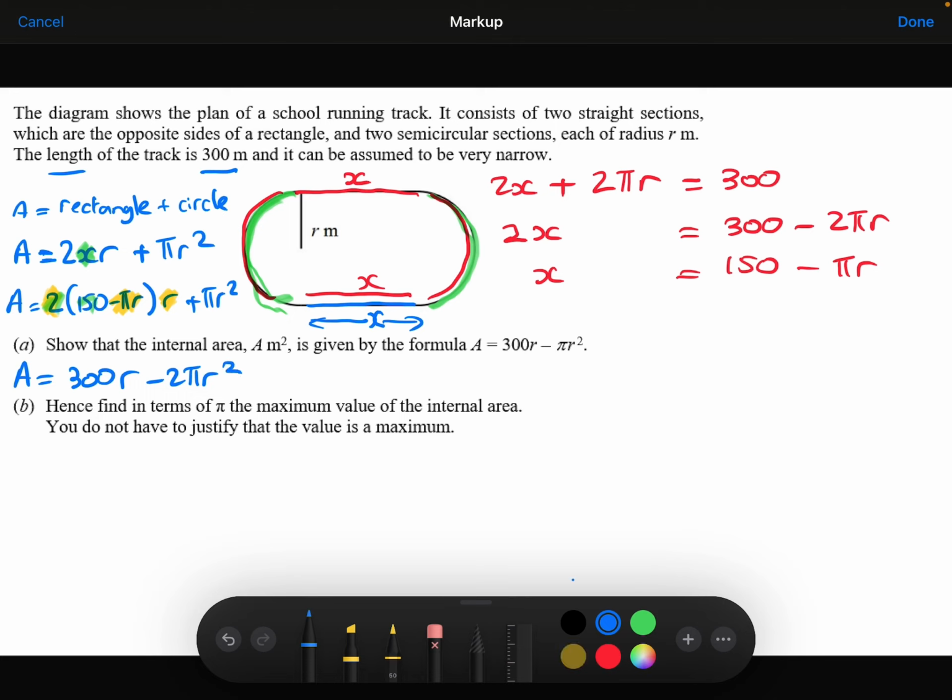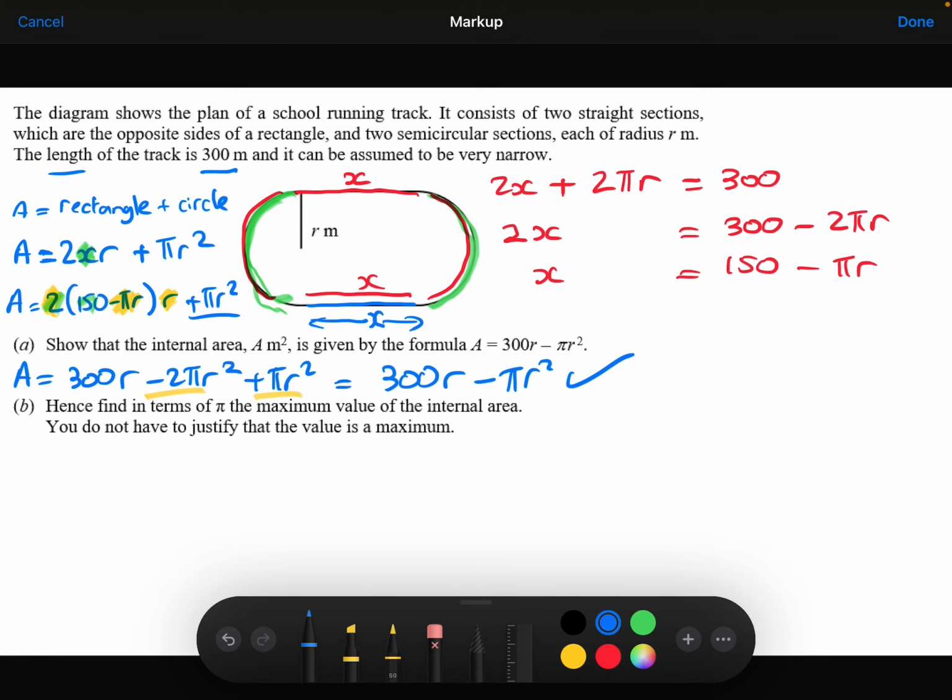And then not forgetting the plus pi r squared on the end there. These are like terms, so can be added together. And this is what we needed to show. So that's part A of this question done.